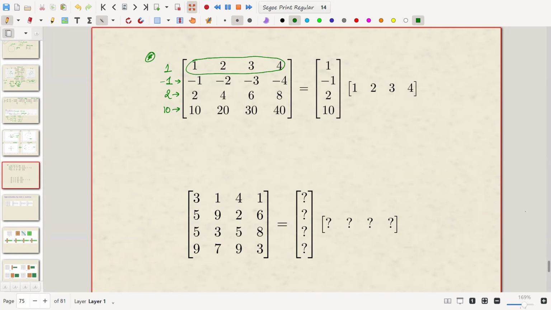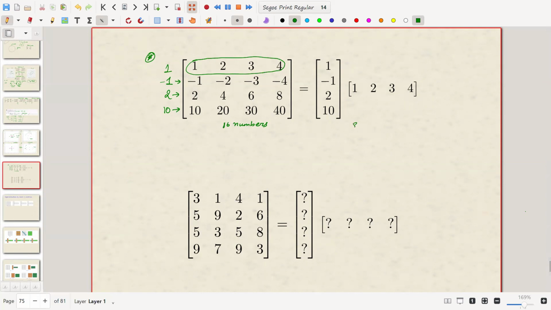Yes. So what you get? How many numbers are here? 16 numbers, isn't it? How many numbers are here? 16 numbers, isn't it? Yes. But you can actually store this whole matrix in this way. Like you can see 1, -1, 2, 10, and 1, 2, 3, 4.